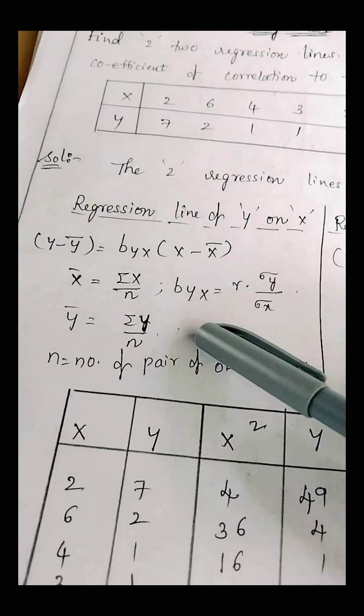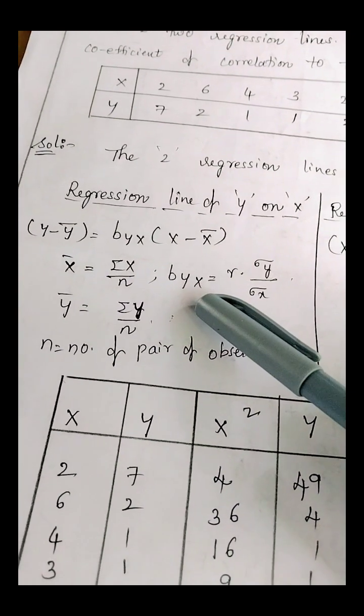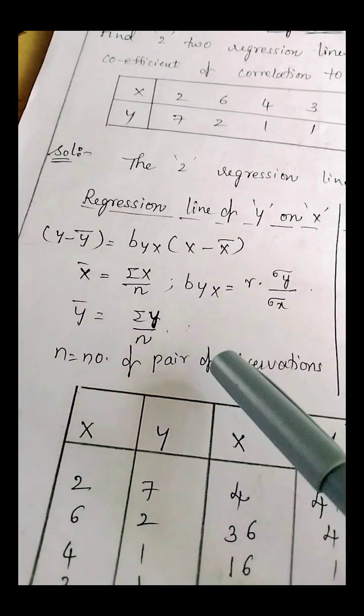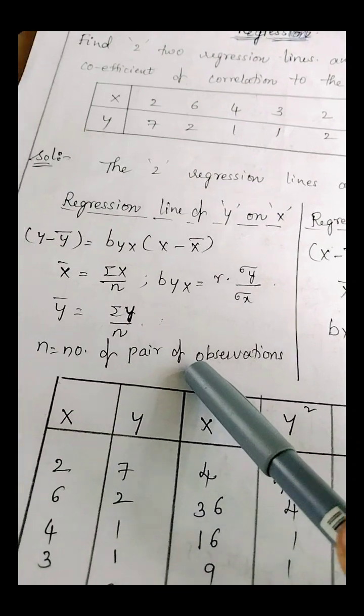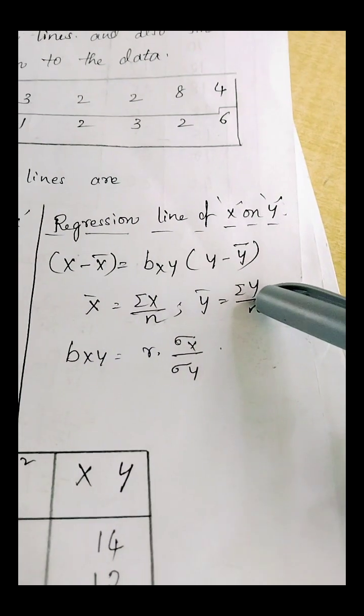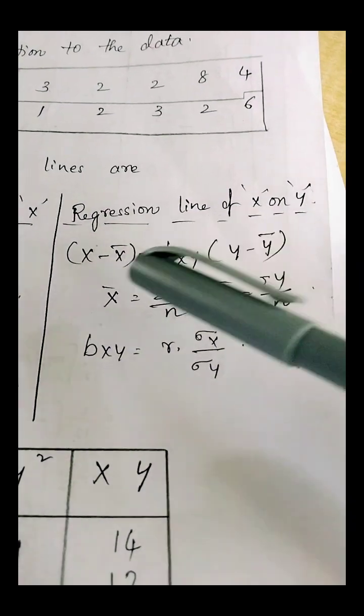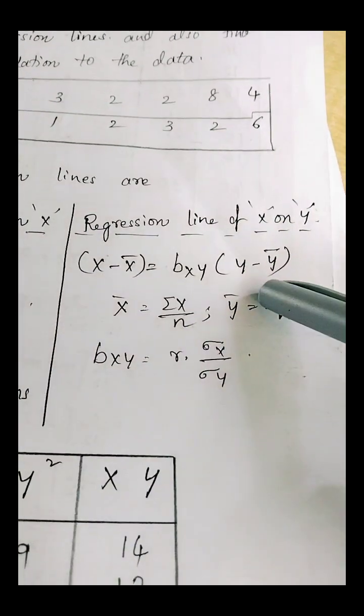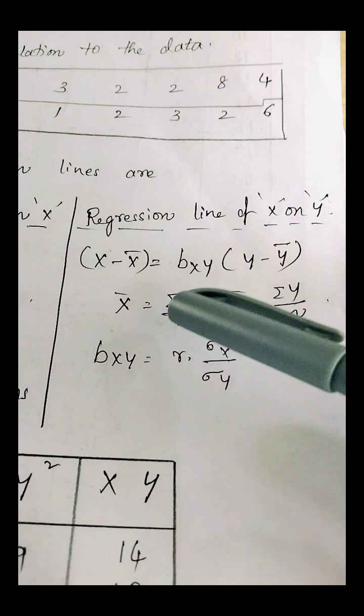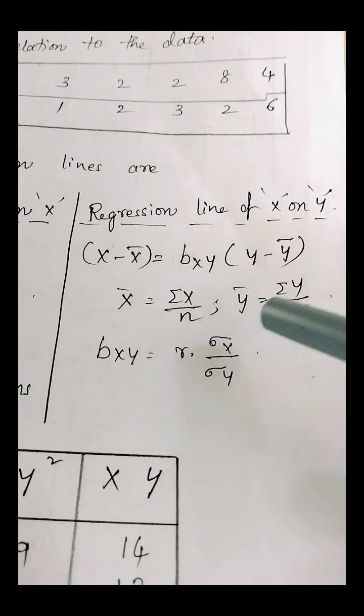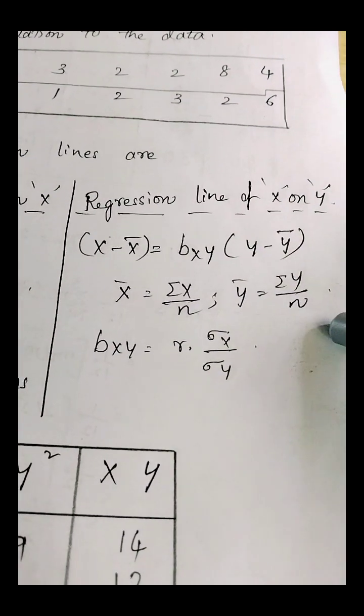Byx is the regression coefficient of y on x, and small n is the number of pairs of observations, which is both x and y. Here, the regression line of x on y is x minus x bar equals bxy into y minus y bar. X bar is summation x by n, and y bar is summation y by n.